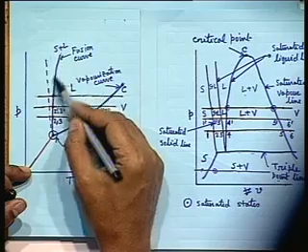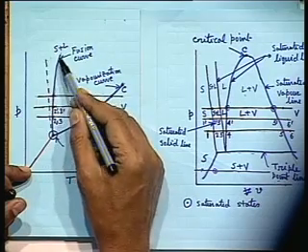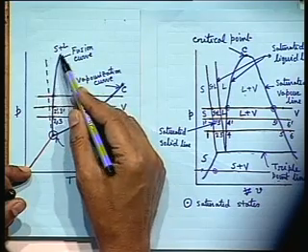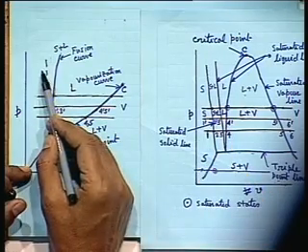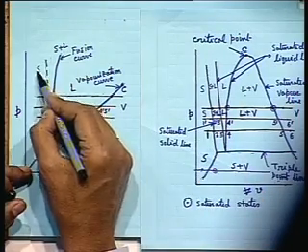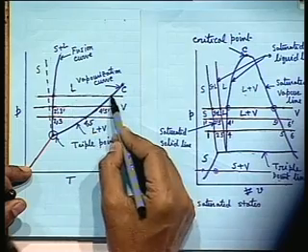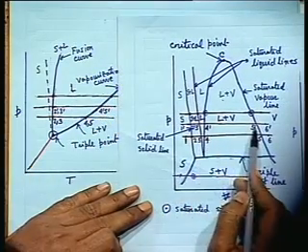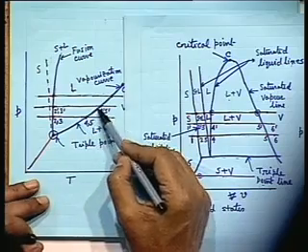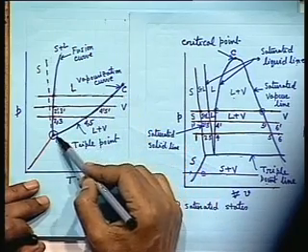So this curve is known as the fusion curve, and all the points on this curve represent a mixture of solid and liquid, that means this zone. This part is solid, this is liquid, and again these points 4 and 5, 4 dash, 5 dash, are all on a single curve. This is known as the vaporization curve.